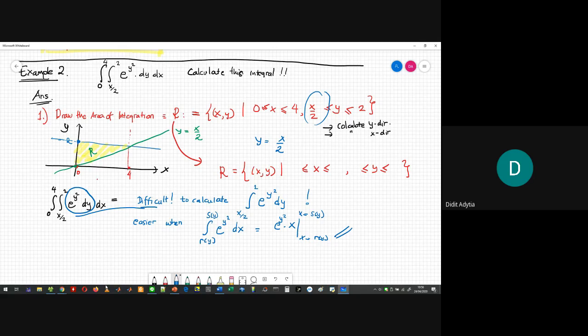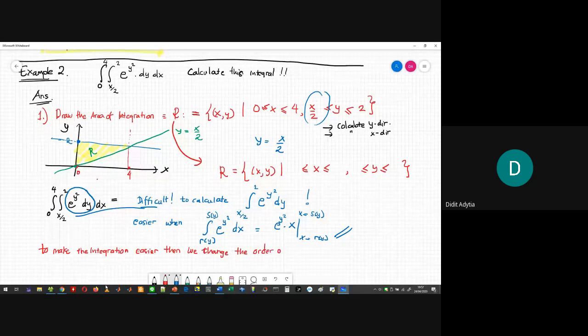Okay, now to make the integration easier, easier. Okay, then we change the order, sorry, order of the integration.